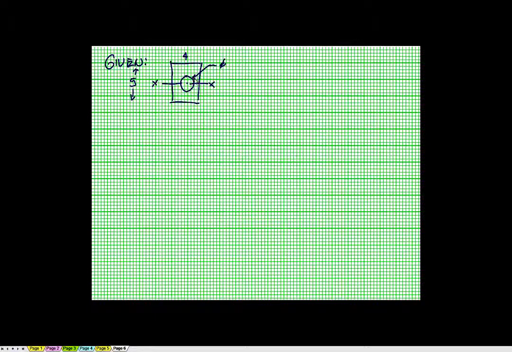Diameter of the hole is 2. I'm going to call this area 1, and I'm going to call the whole area 2. And I'm going to find the moment of inertia about its x-centroidal axes.